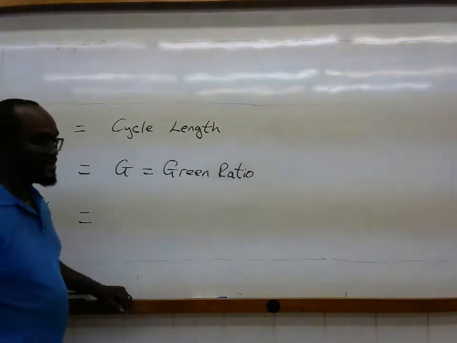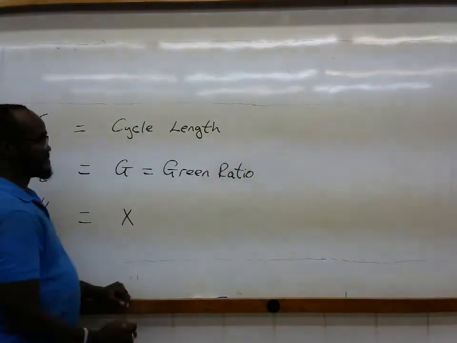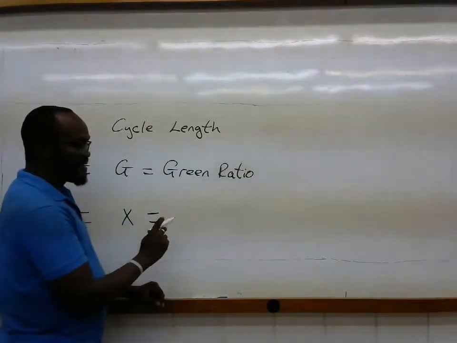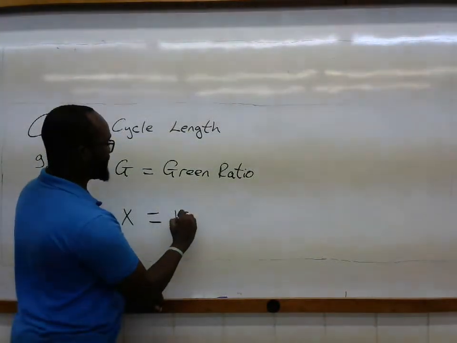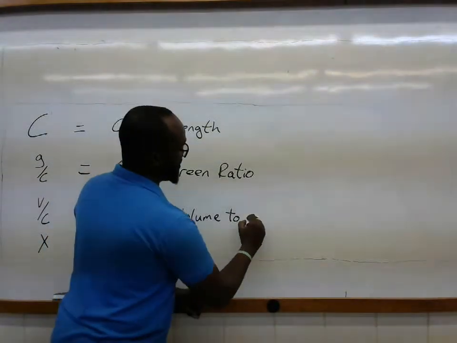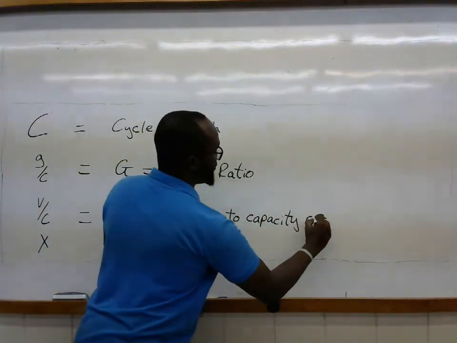V upon C is also referred to as X. Both terms being similar, it is what's called the volume to capacity ratio.